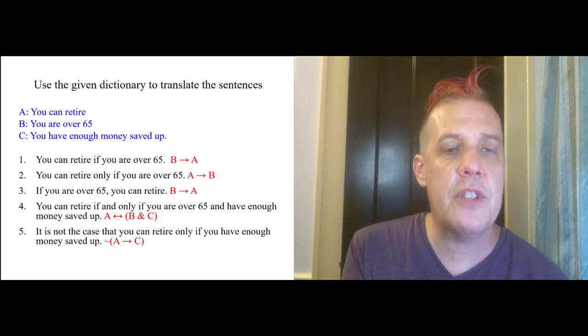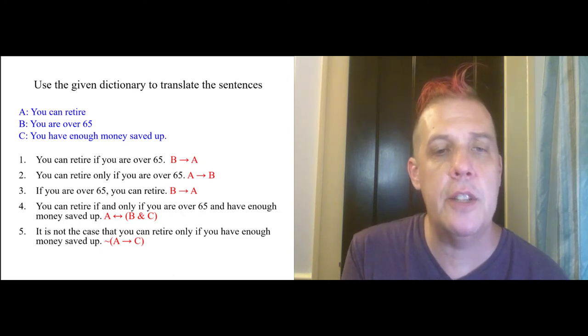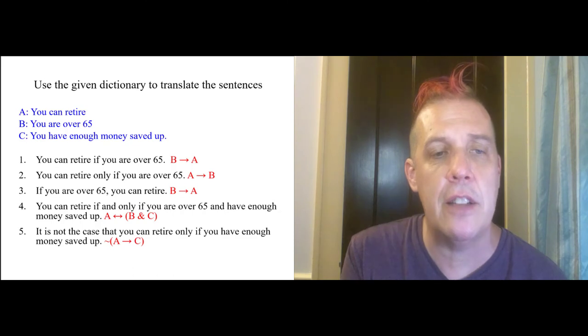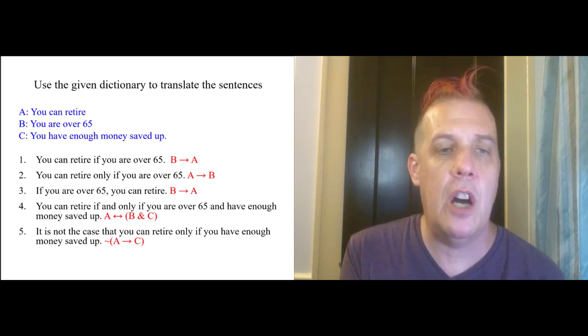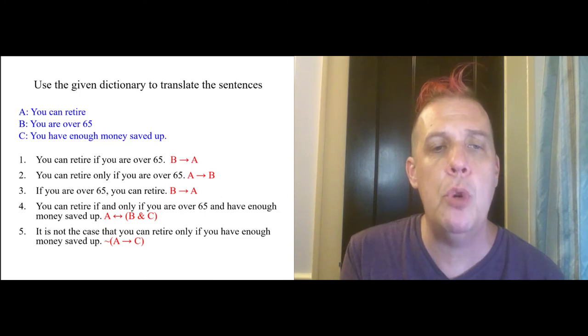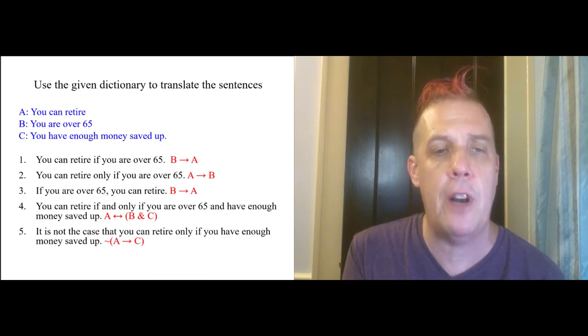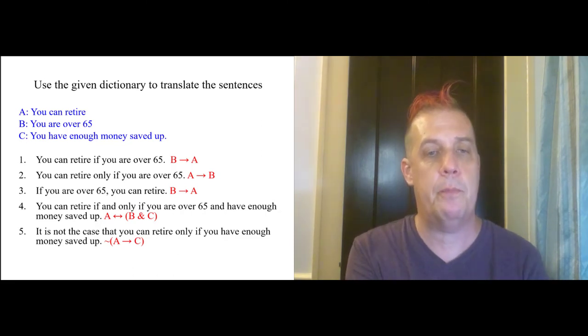If you are over 65, then you can retire is B implies A again, exactly equivalent to number 1, and that's just because all you've done there is move the English phrase, if you are over 65, to the beginning of the sentence. You haven't changed the meaning of the sentence.